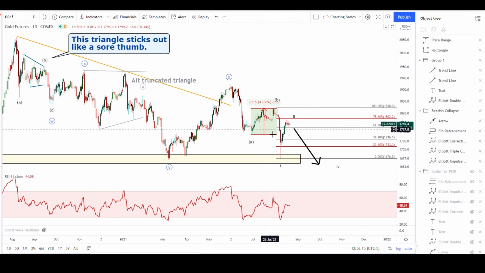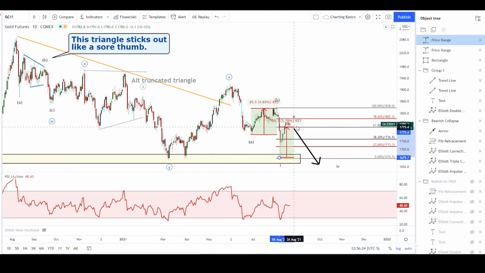Within this bearish wave count, this rally here is at a larger degree of trend than this rally right here, okay? So this rally on the left-hand side is a larger degree of trend versus the degree of trend for the rally on the right-hand side of the chart.